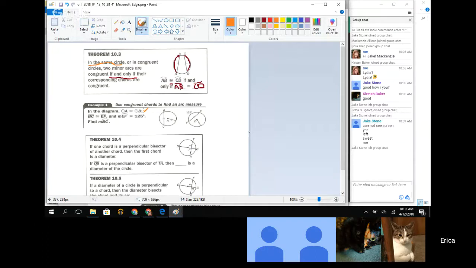Circle A is congruent to circle D. That's met. The corresponding chords are congruent to each other. So that means our corresponding arcs are equal to each other. So the measure of arc BC is 125 degrees.